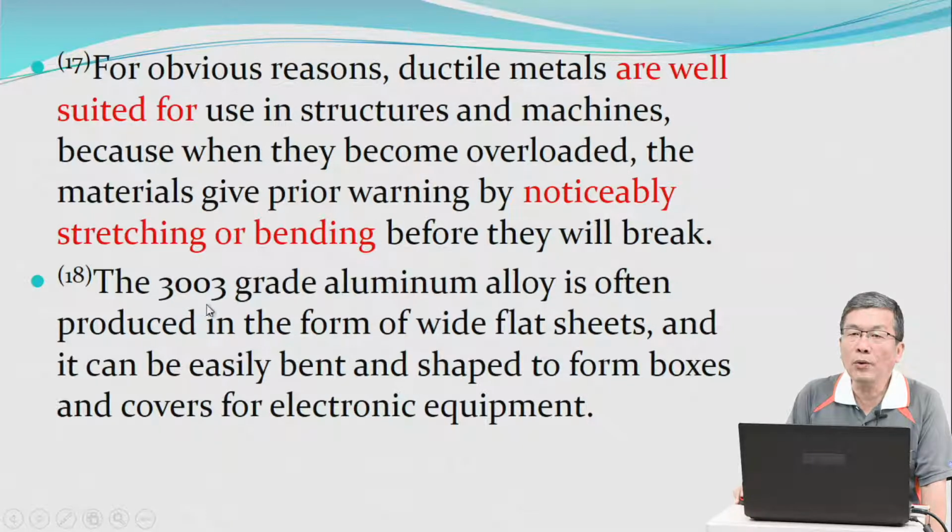The 3003 grade aluminum alloy is often produced in the form of wide flat sheet, and it can be easily bent and shaped to form boxes and covers for electronic equipment.